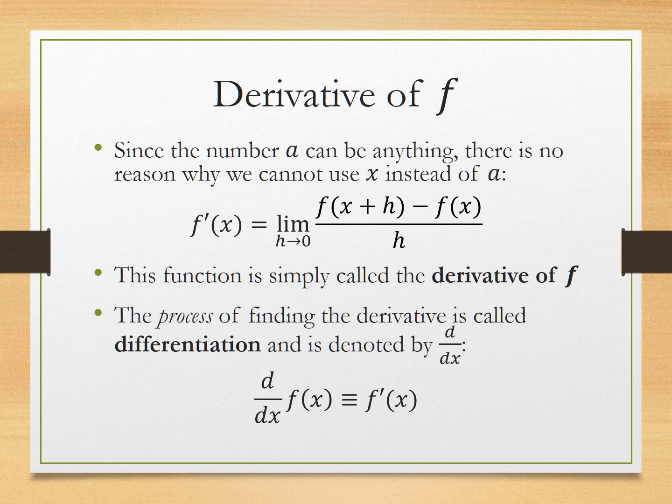So d dx f(x) would give you the derivative. In meaning, it's identical. This three-stroke equal sign means identical. d dx f(x) is exactly identical to writing f prime x. They mean the same thing. You can use them interchangeably in all situations.